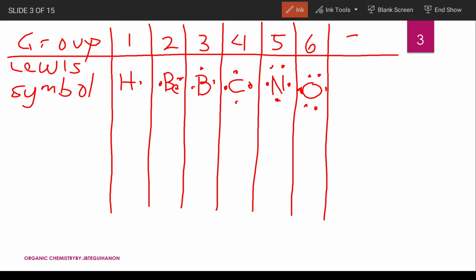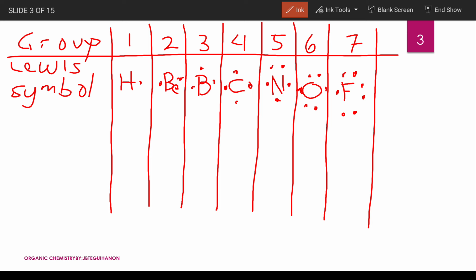And then in group 7 you will have F with a Lewis symbol of two dots at top, two dots at the bottom, two dots at the right or front side, and one dot behind. So this is the Lewis symbol for hydrogen, beryllium, boron, carbon, nitrogen, oxygen, and F.